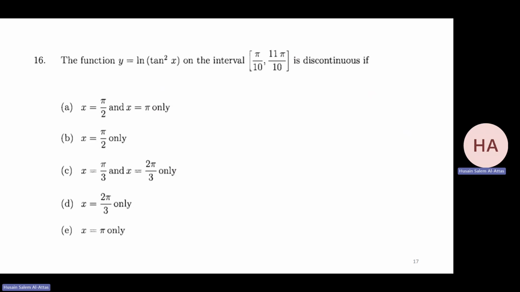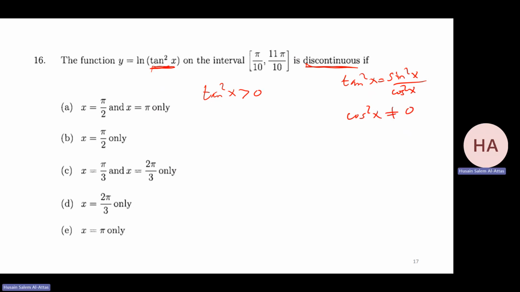The function in this interval is discontinuous. It means when it's defined, I need tan squared to be positive as an argument of ln. Also, notice tan squared by itself is sine squared over cosine squared. So for sure, I need cosine squared not equal to 0.